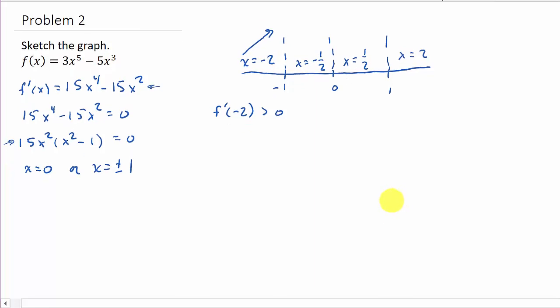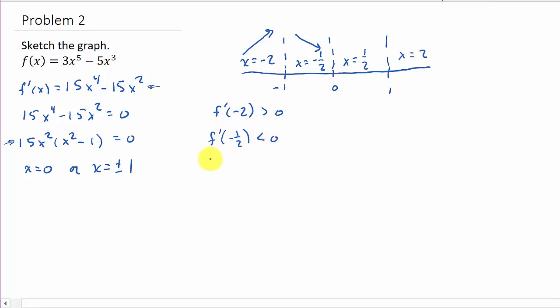Okay. Now let's take the -1/2 and plug it in. So I get -1/2 squared, which is positive. So a positive times a positive is going to be positive out here. And then -1/2 squared is 1/4, and 1/4 minus 1 is negative. So this is a negative times a positive, which is negative. Let me go ahead and write that down. That's negative.